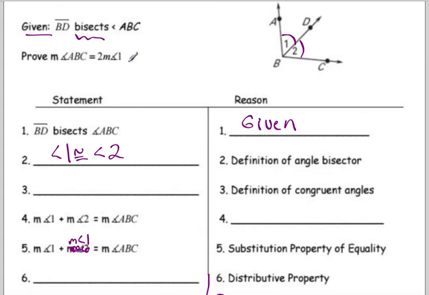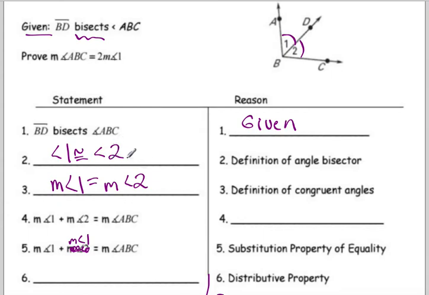Now, since in this prove statement we have an equal sign, we have 2 times the measure of angle 1, we know that we're going to do some math with angles 1 and 2. Since we want to do math with them, we need it to not be the congruent symbol anymore. We need it to be the equal sign. So we're going to go from the congruent symbol here to saying that their measures are equal to each other, because we want to do math with these particular angles.